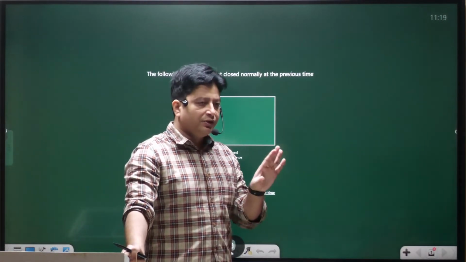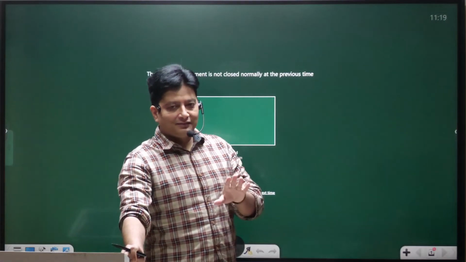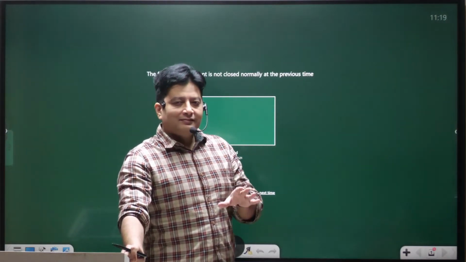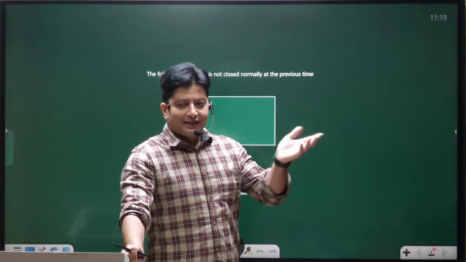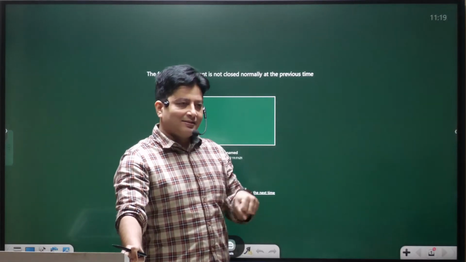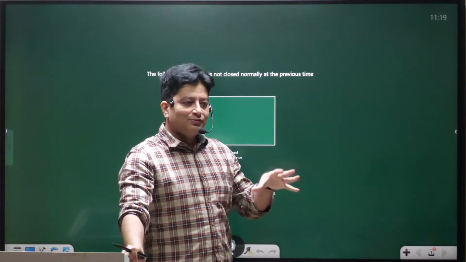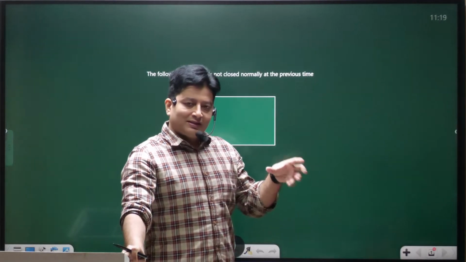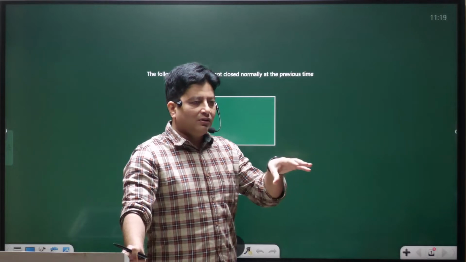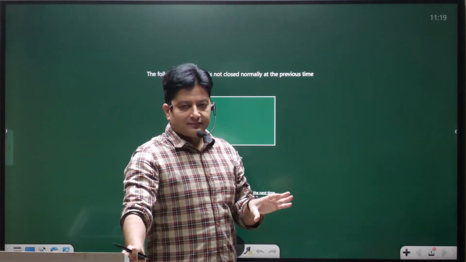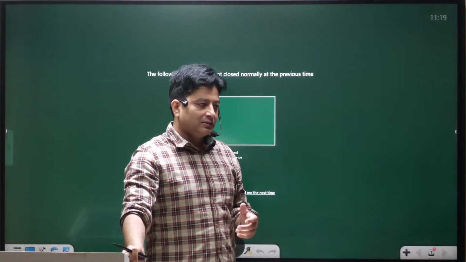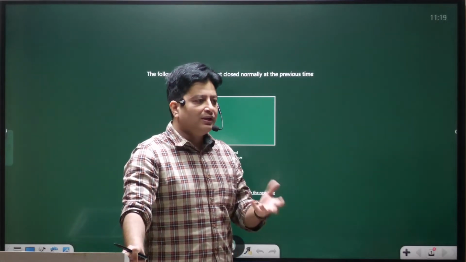There's a difference between union level, federal level, and central level. Central level is more used in the UK. There is no state kind of thing; everything is centralized. Federal level is more used in the US. Federation means equal or somewhat equal distribution of the powers, like the way it happens in the US. But here in India, we have the union.